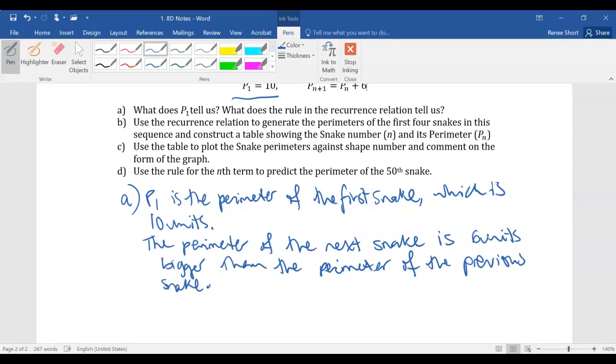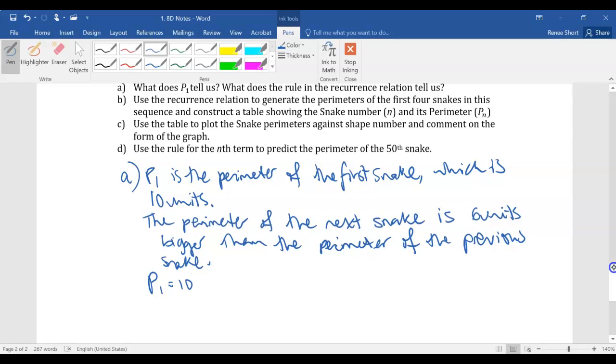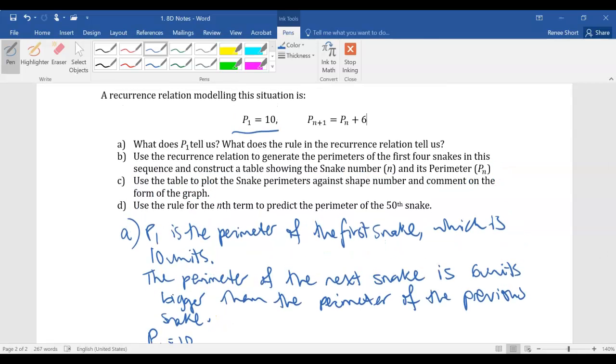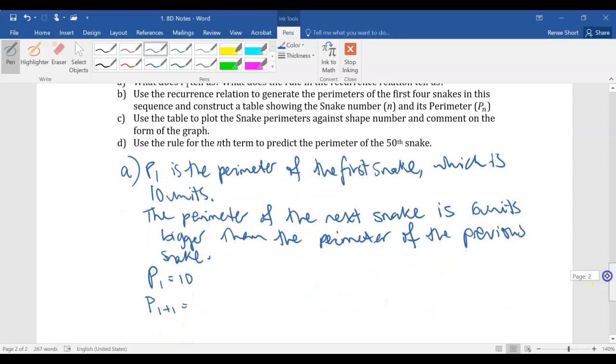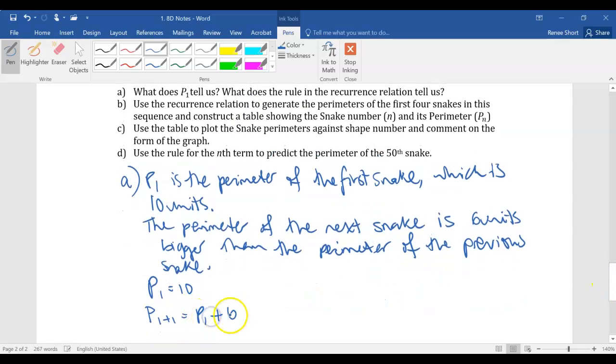It says use the recurrence relation to generate the perimeters of the first 4 snakes in this sequence and construct a table showing the snake number and its perimeter. So we know that our first snake equals 10. If I'm using the rule, I do need to show that I'm using the rule. So what we're saying here now is P of 1 plus 1, which in this case is P2, comes from taking P1 plus 6.